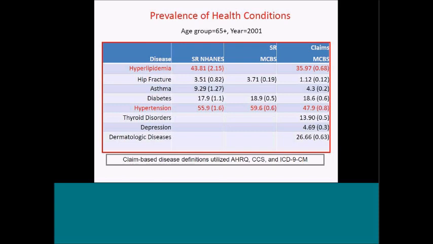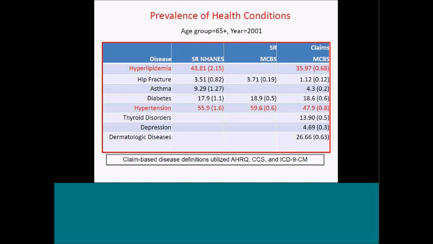Now we have a bunch of conditions for which we don't have any kind of calibration data, like thyroid disorders. So we have 13.9. That's the only thing we have with the claim. So 4.69 for depression for this particular population. We can try to get that from HRS, the Health and Retirement Study. That's what we are trying to do now, bring in the Health and Retirement Study as well to fit in some of these self-report data.